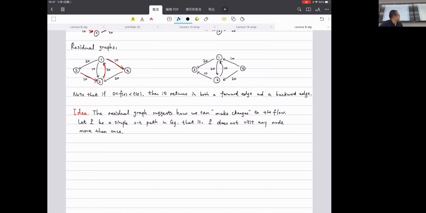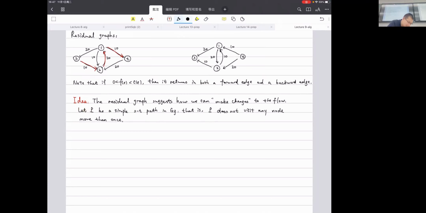So in general, after we have defined such a residual graph, we want to consider ST paths along this. In general, we want to consider a simple ST path in G_f, a path that doesn't visit any node more than once, to facilitate our discussion here. For such paths, we can have a very natural definition called a bottleneck.